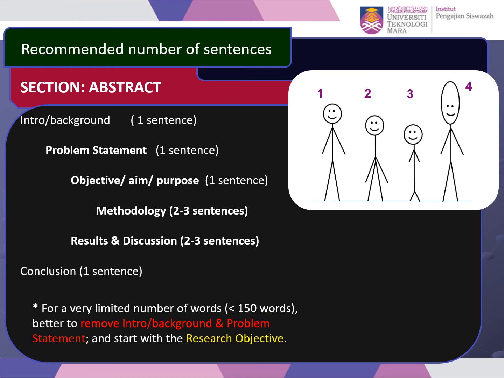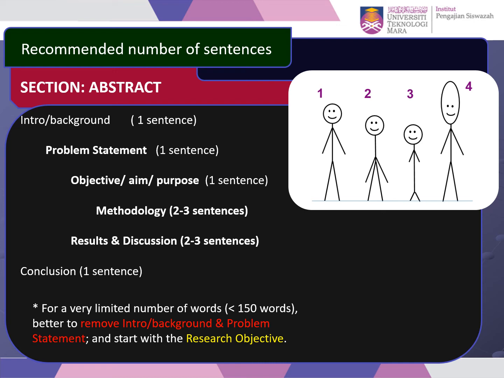Now, on your right, this is a representation of the structure of the abstract as a person. If you organize everything using the right number of sentences, you can have the person like number 1, which is normal.